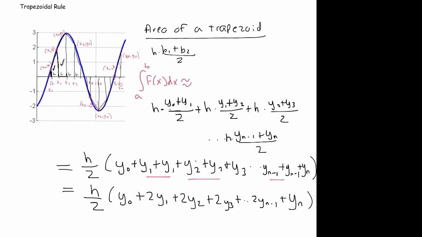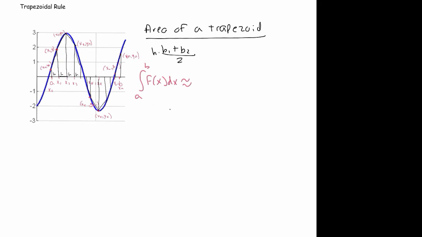So that is the trapezoidal rule, and all it really does is allow us to find the areas of all those trapezoids really quickly just by plugging in the y values of whatever data we've been given.